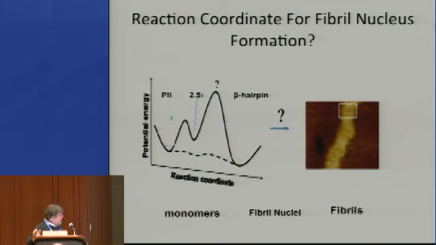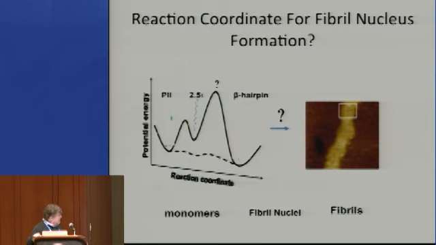On the other hand, there's this gigantic energy barrier between the extended conformations and the beta hairpin conformation. It also has its minimum, and what we know is that you can have fibrillization much faster through the beta hairpin to, well, we don't know what else. That's the whole question of the study.